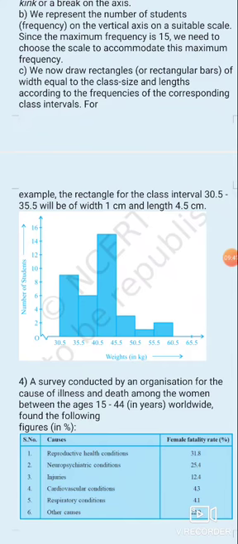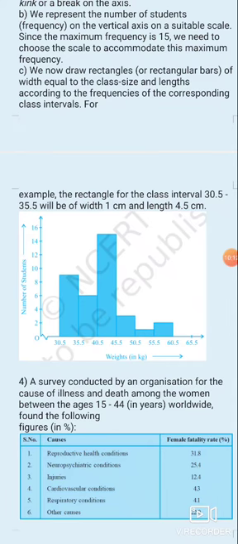First one, reproductive health conditions, female fatality rate percentage 31.8. Then psychiatric conditions 25.4, injuries 12.4, cardiovascular conditions 4.3, respiratory conditions 4.1, other causes 22.